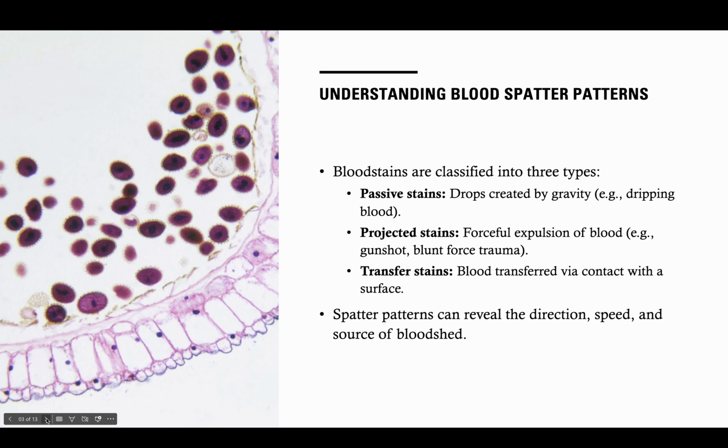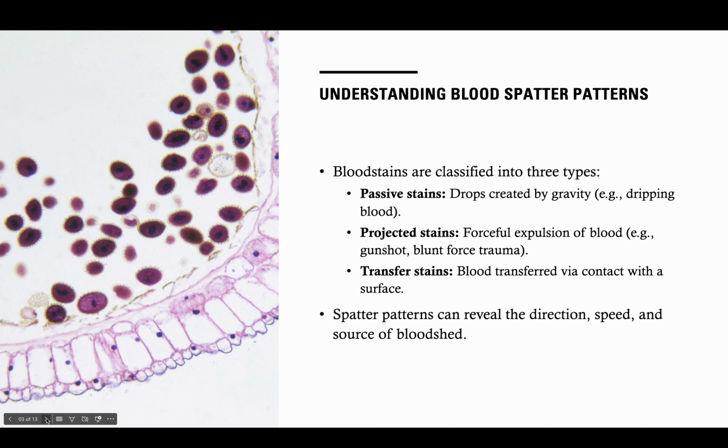Next. So understanding the blood spatter patterns, there's many factors that go into it. There's also dripping, like when somebody gets stabbed and they run, or there's forceful trauma, like blunt force trauma, and then there's also blood transferred with the contact surface, and the patterns can reveal the direction, speed, and the source of bloodshed.